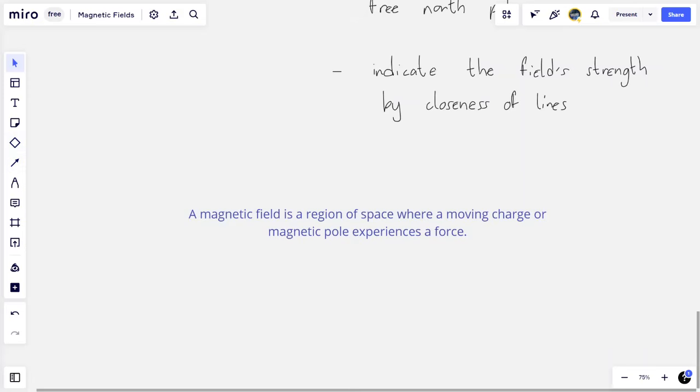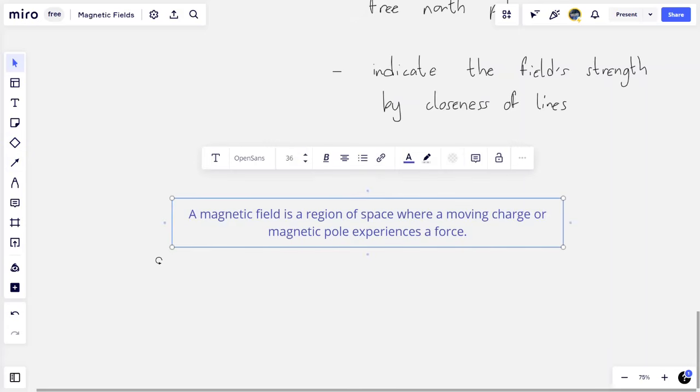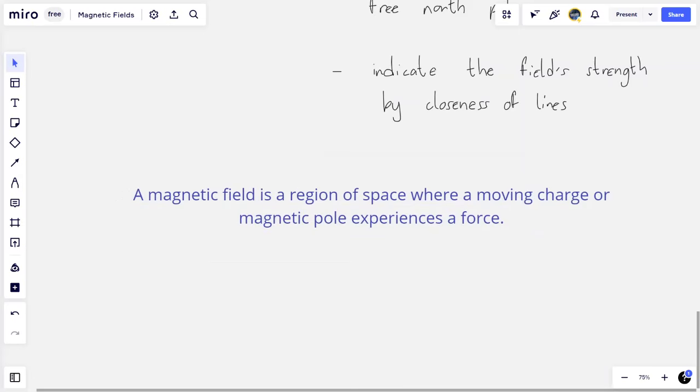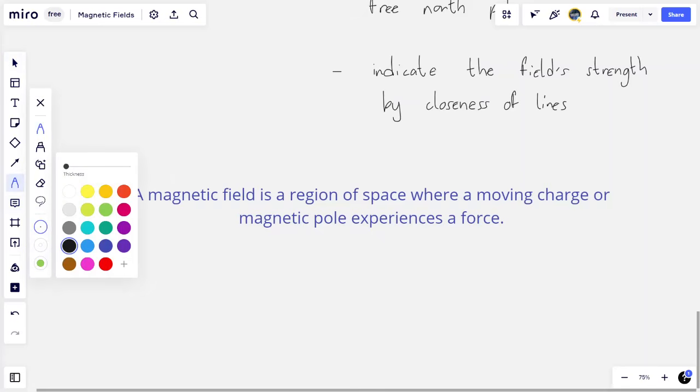So only moving charged particles, like we'll see later on, feel a magnetic force. Stationary charged particles will not feel the magnetic force. But magnetic poles will always feel a force in a magnetic field. So a permanent magnet will always feel a force in a magnetic field.